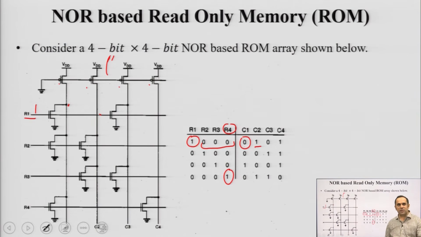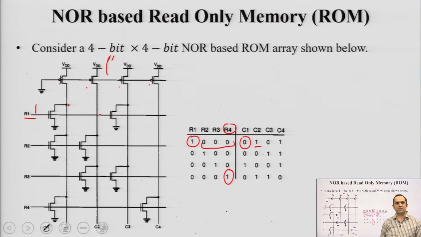So, the presence of an active NMOS device pulls down that particular column and you write a 0. If there is an absence of an active NMOS device there, when you are traversing a row, that basically results in pulling up of that column to VDD, and you write a 1. This is how you program a NOR based read only memory.